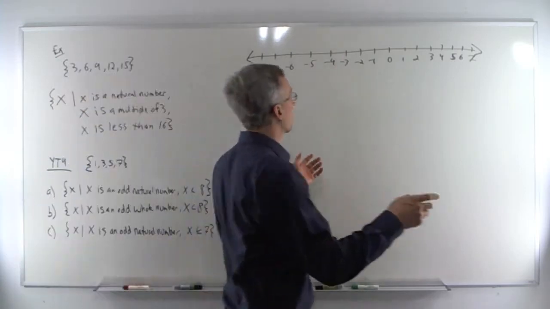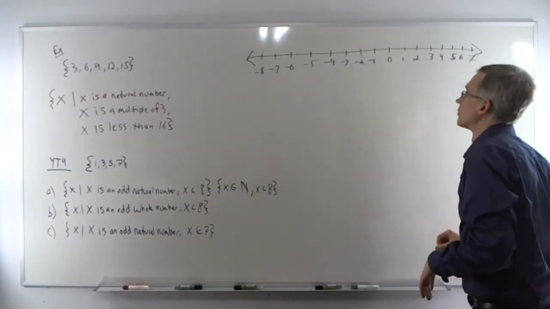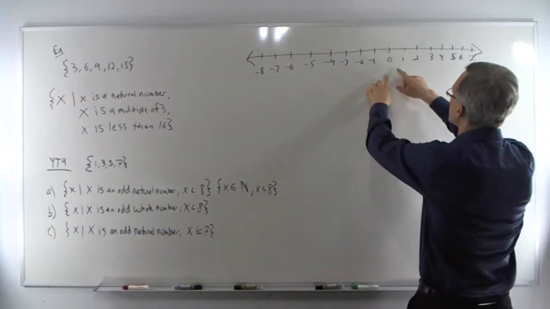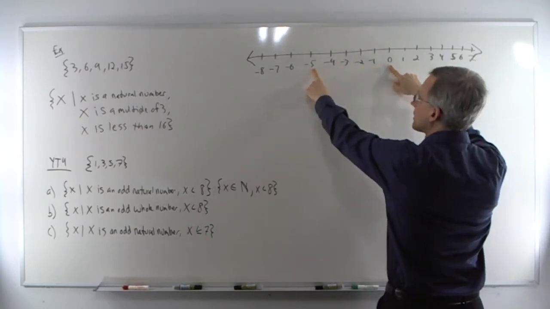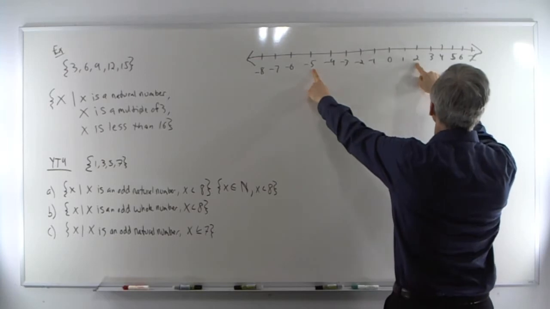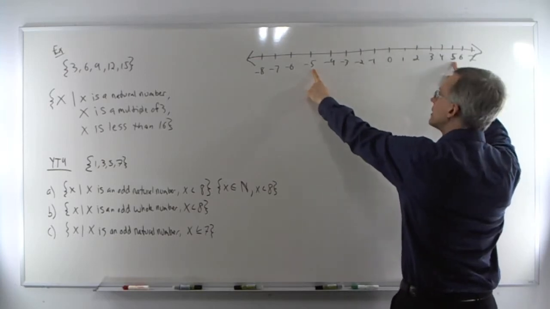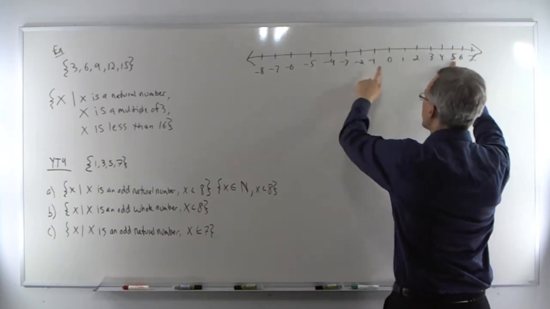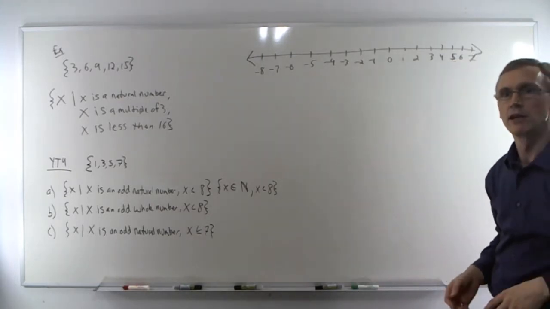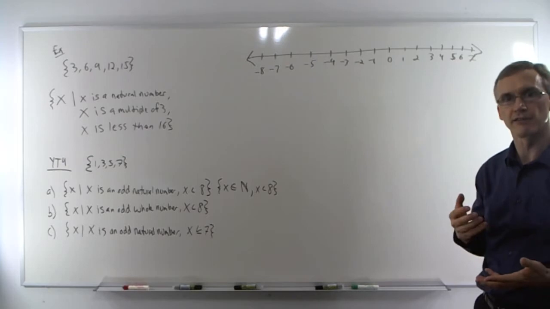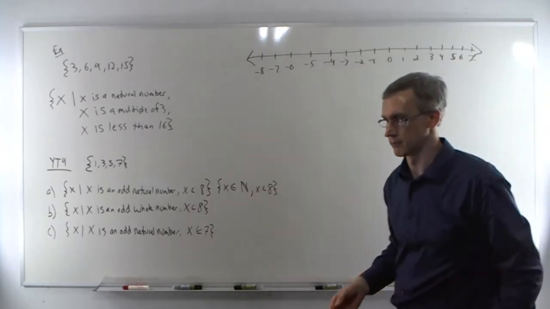So it doesn't matter which way we go from 0, we just count the number of moves, or the number of units. 1, 2, 3, 4, 5. If I go 5 to the left, I get to -5. If I go 5 to the right, I get to 5. These both are 5 away from 0, so the absolute value of both of those numbers is 5. So really, absolute value has the effect of stripping away any negatives.